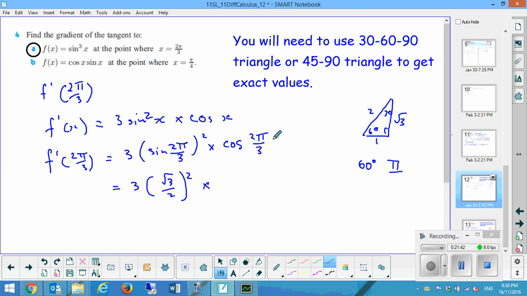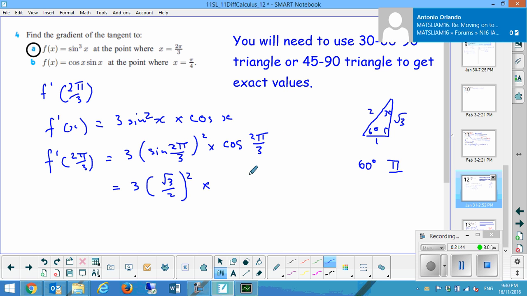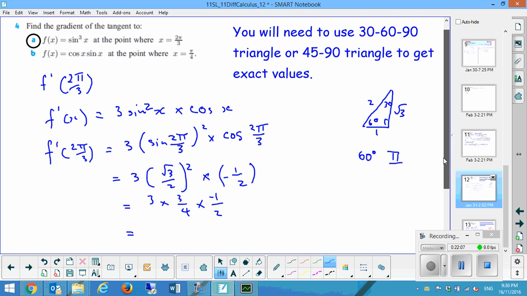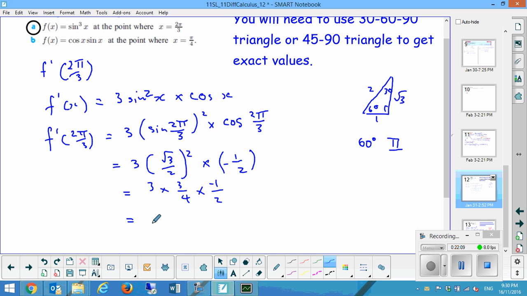So cos is a half, and in this case, because it's quadrant 2, it'll be negative. So we get 3 times 3 over 4 times minus a half, and we're left with minus 9 on 8.